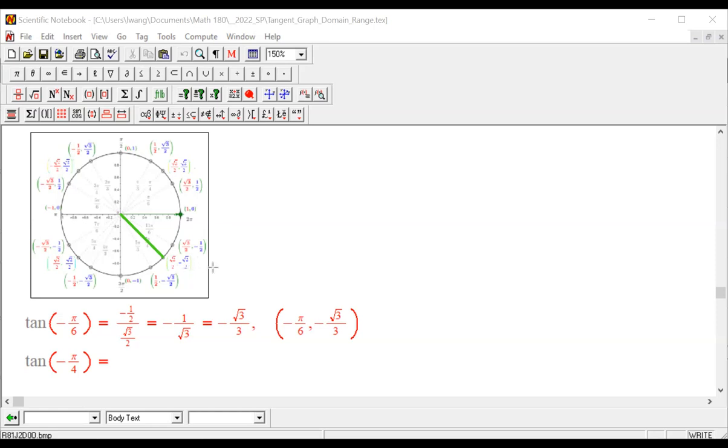The blue is -√2 over 2, and the red is √2 over 2, and you already know these values. So this ratio is -1, and the corresponding point is going to be at negative pi over 4.